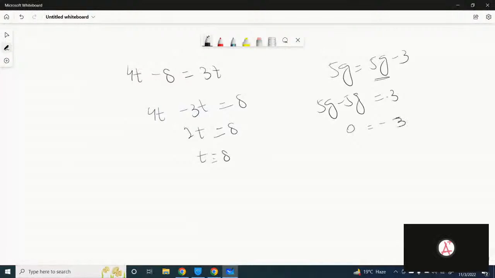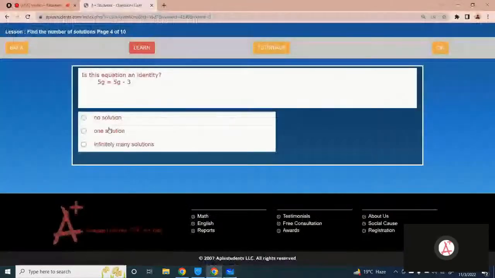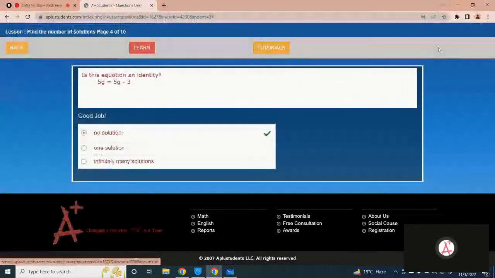So that means the equation has no solution. Got it? So it has no solution. Just select the correct option and click on the OK button.